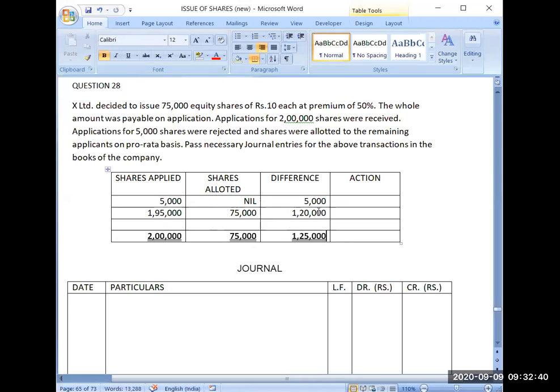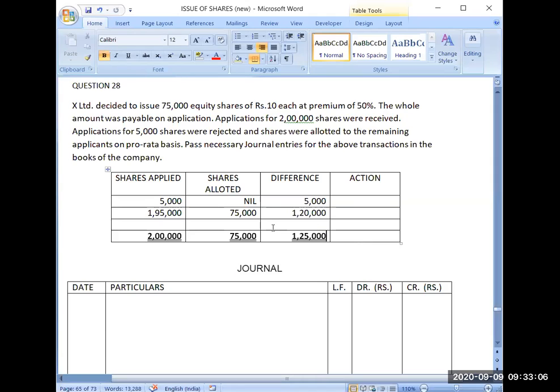Now this should be the total of these differences. Check whether it is correct or not. It is correct. So you have to always cross check your information, whether I am doing it correctly or not.